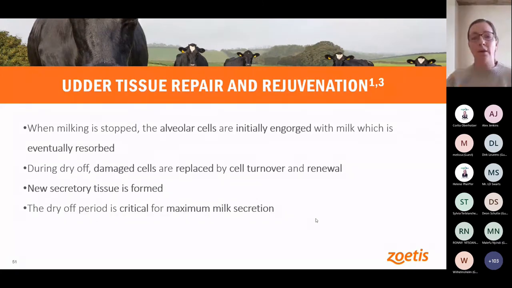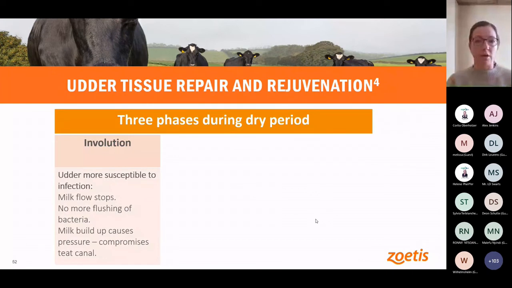All right, so when we look at the dry period, there are 3 phases. The first phase, just after milking, is what we call the involution phase. Here the udder is more susceptible to infection. Remember what I just said, that milk flow stops, and it depends from farm to farm whether it stops abruptly or whether they take it over a few days.